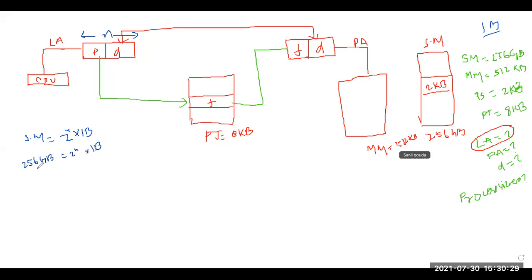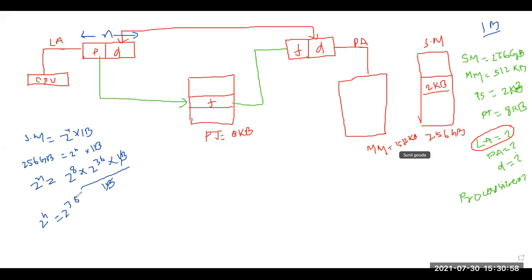Now this can be written as 2 to the power of n is equal to 256, which we can write as 2 to the power of 8, into GB, which can be written as 2 to the power of 30 bytes, divided by 1 byte. Now this cancels. Now 2 to the power of n equals how much? 30 plus 8, which is 2 to the power of 38.